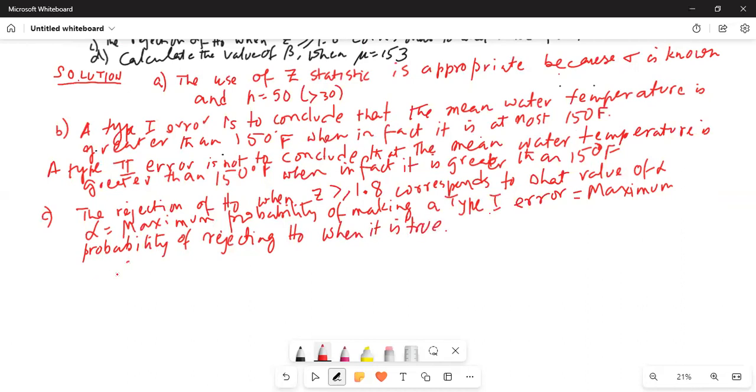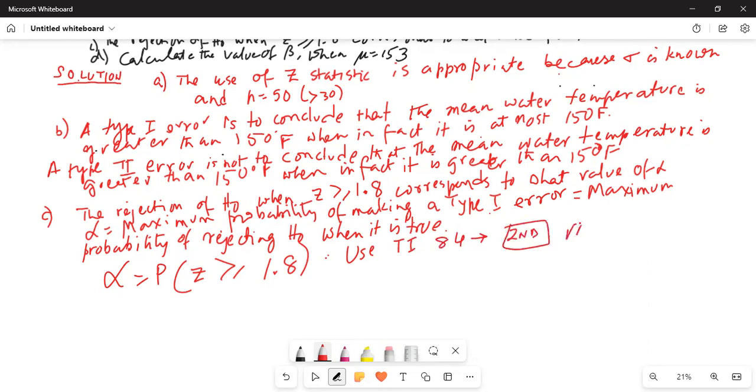So alpha is equal to the probability Z greater than or equal to 1.8, and we can usually use our calculator to find this. If we use the TI-84, we press the second key, then the vars key, and then number 2, which is normalcdf.